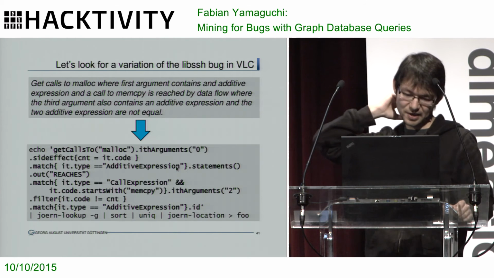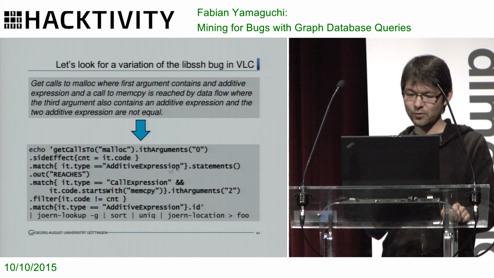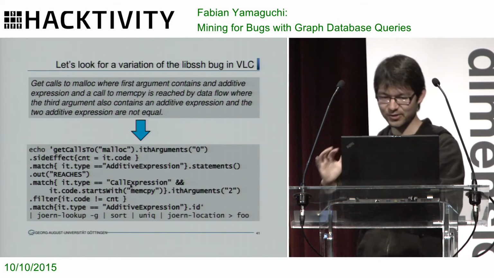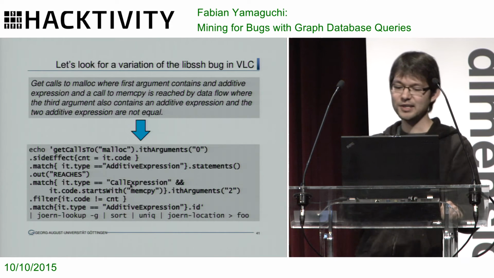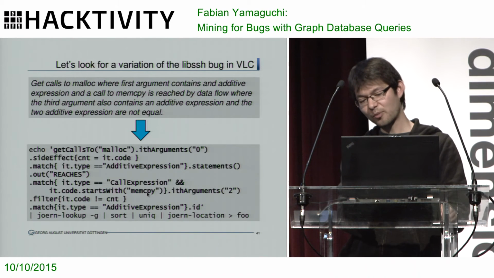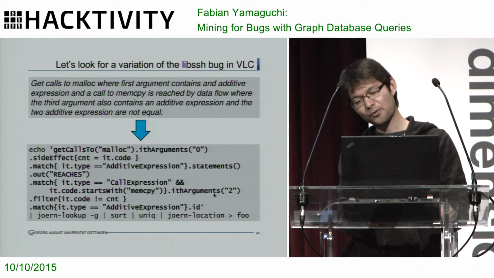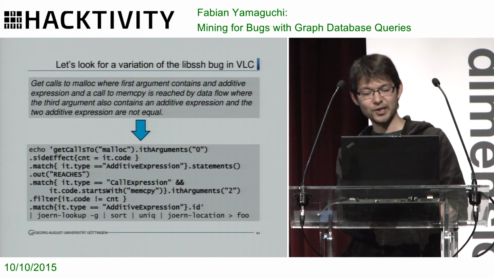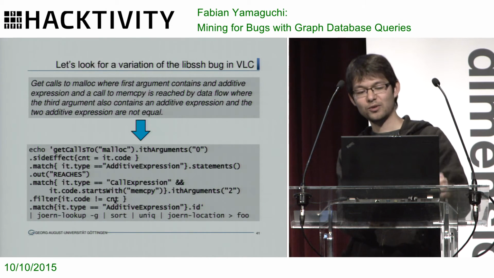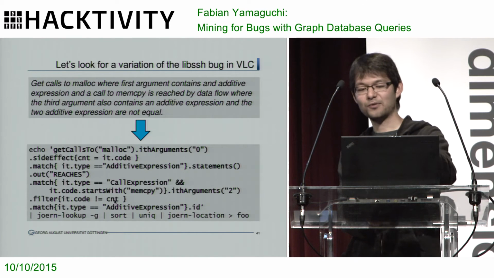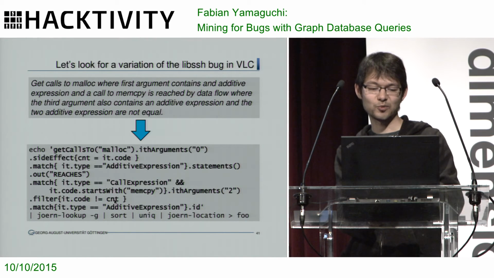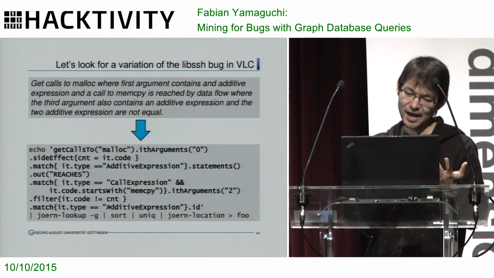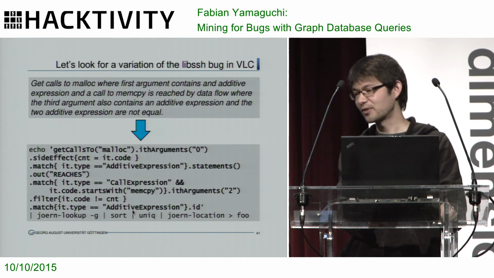So now you can say, follow all data flow links, and now you go back into the AST, find calls to memcpy where the third argument is unequal to the stuff we saved. That's the first argument to malloc. And this is also an additive expression.